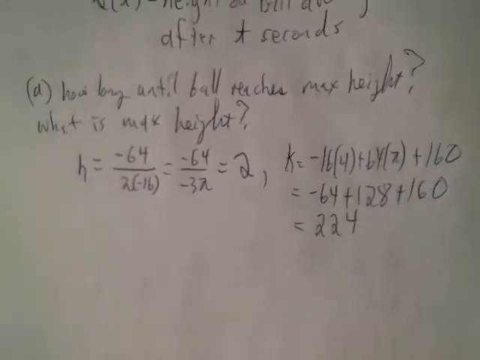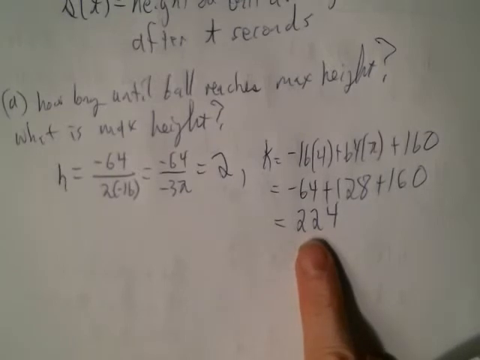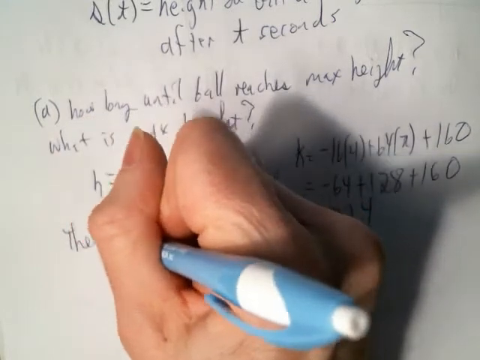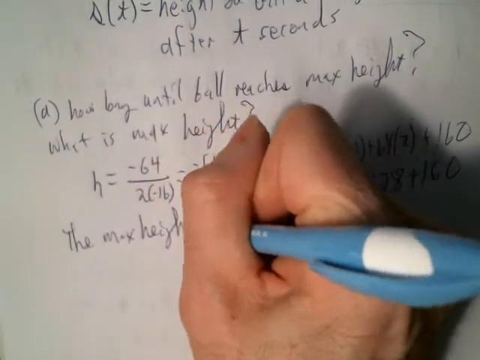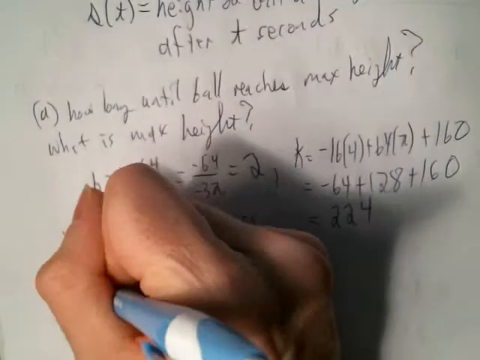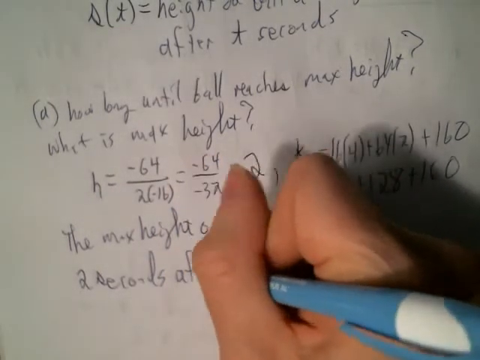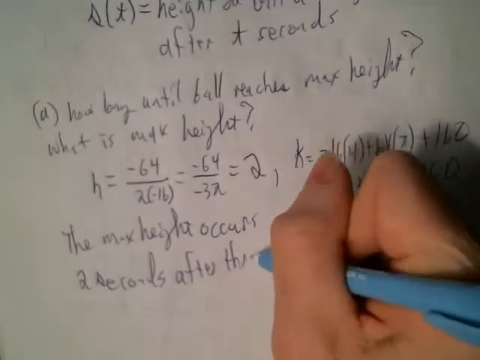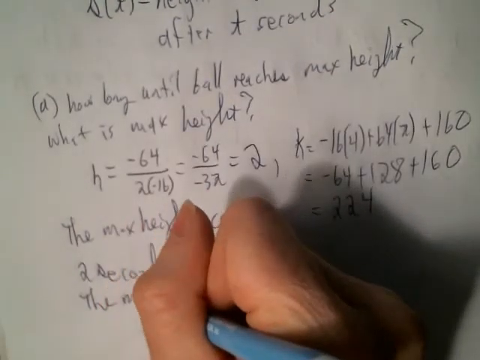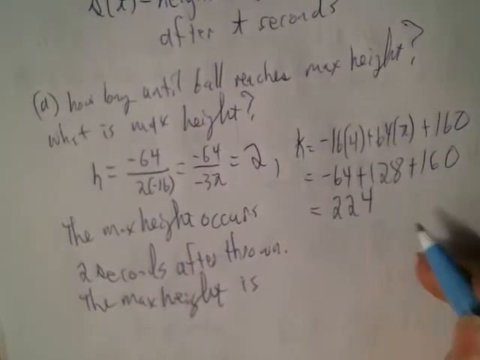So the x-coordinate is where it occurs, and the k value, the y-coordinate, is how high it is, the maximum. Okay. So the max height occurs 2 seconds after they throw it. The maximum height is then 224 feet.